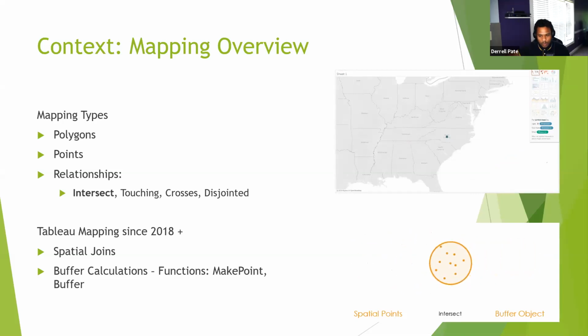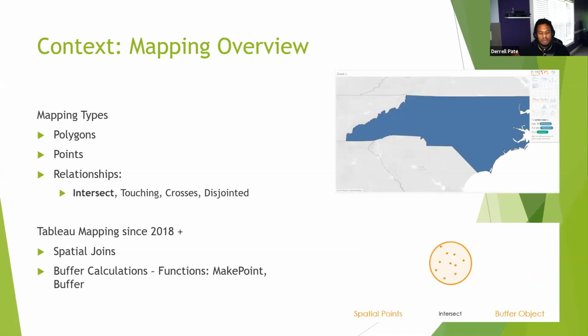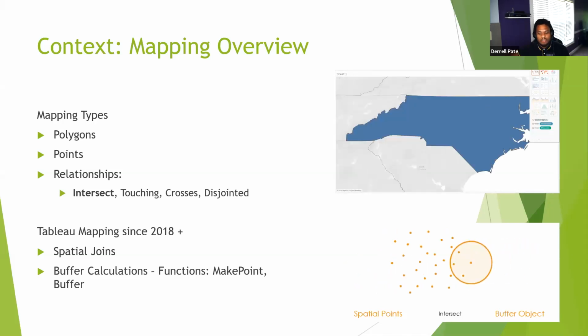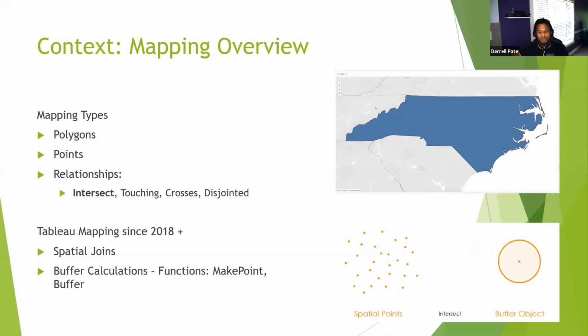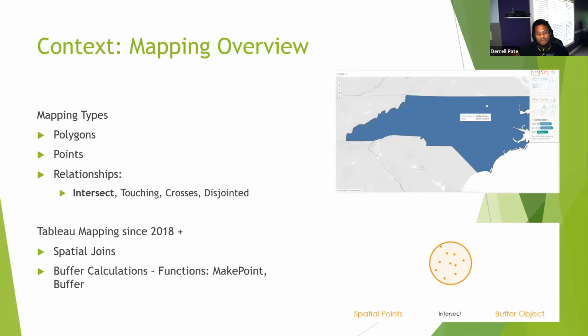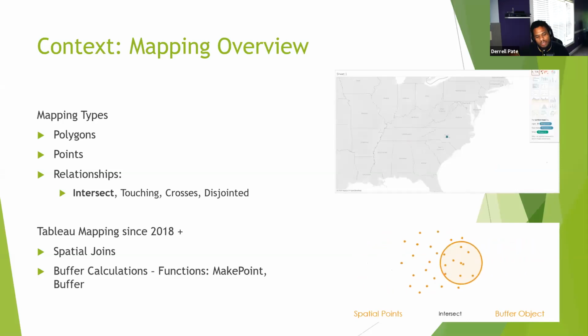All right, now that we know about mapping, what is it? Really, we're going to talk about what we're doing. We're taking the polygons and points, and we're talking about the relationships. How do they interact with each other? So a spatial join, essentially, we're going to be taking two polygons and seeing where they overlap. We're taking a point and saying, out of the buffer that I have, how many points am I currently touching?